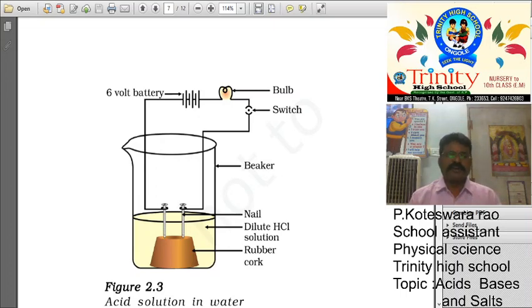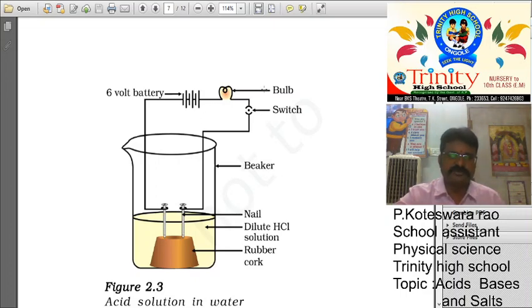First glucose, then we observe whether the bulb is glowing or not. Bulb glows means yes, not glowing means no. Next, remove the glucose and fill it with alcohol.